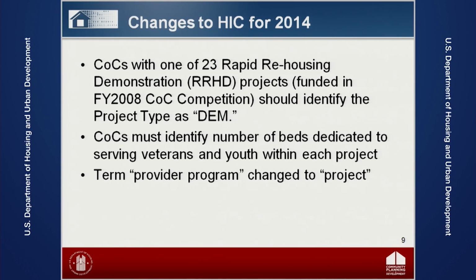For dedicated youth beds, CoCs need to indicate the age group that the beds are dedicated to serve. In other words, broken out by beds for only children under 18, for youth ages 18 to 24, or for persons up to age 24.